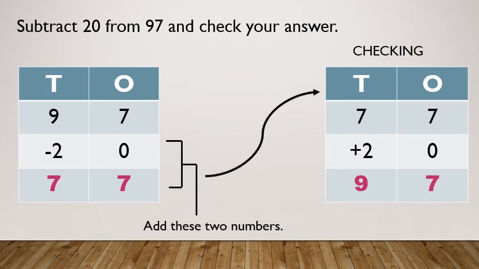The number subtracted is 20 and the answer is 77. Now add these two numbers, 77 plus 20. 97 was the number from where 20 was subtracted. Therefore, this shows our subtraction is correct.